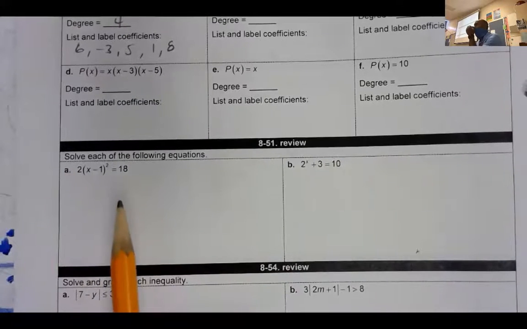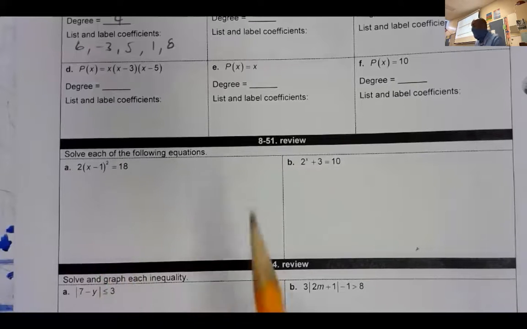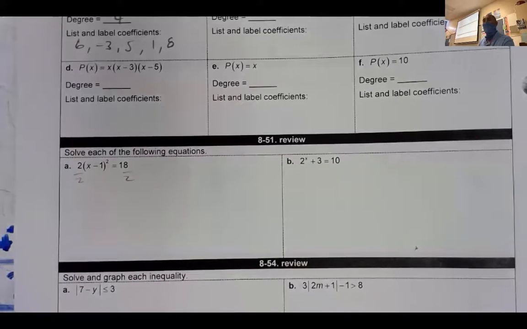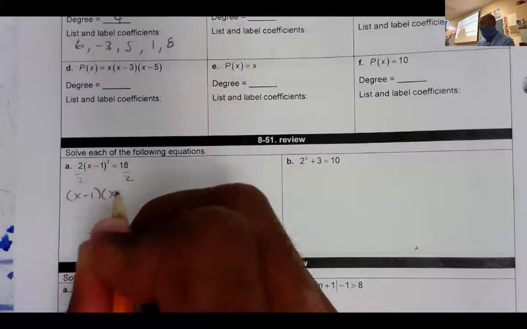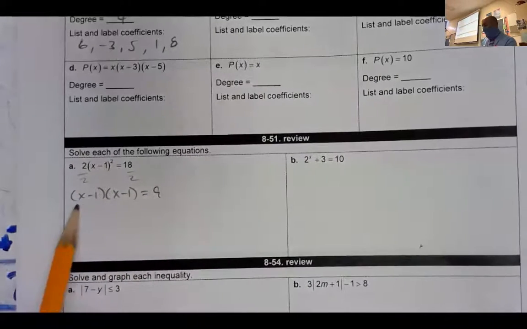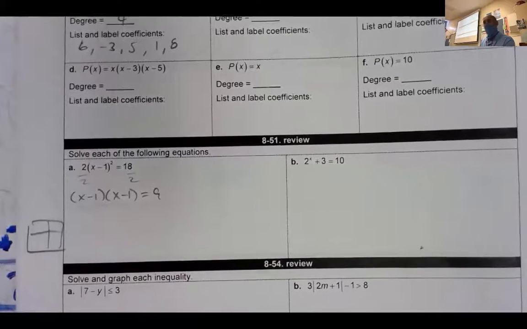Multiply the 2 by what? Okay, divide. Yep. So divide 2 on both sides. Okay, so that would cancel out, and then I'd end up with x minus 1 times x minus 1 equals 9. You're going to have to multiply that out with the box and then solve the rest.